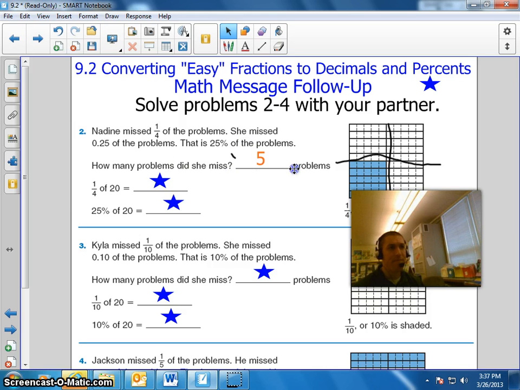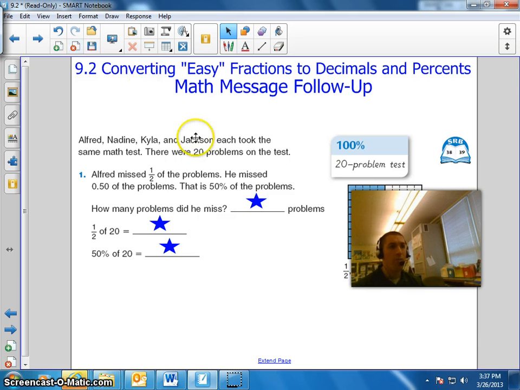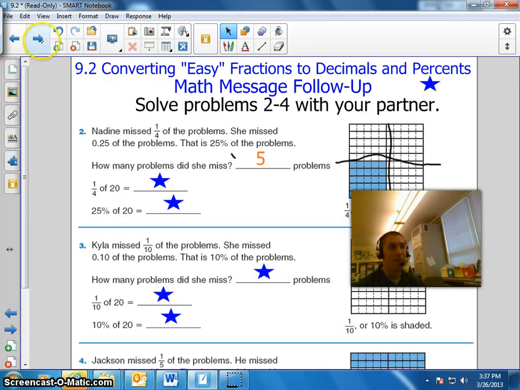Let me go back here: how many problems are there? Oh, it's a 20 problem test. We need that information to be able to move on. So 1/4 of 20 is 5, because 20 cut into 4 parts is 5. The same answer is here: 25% of 20 is 5.